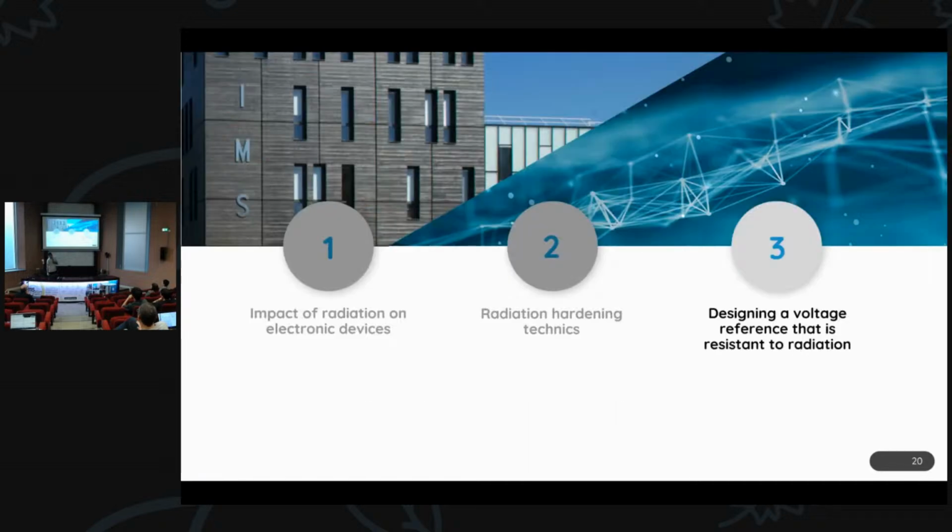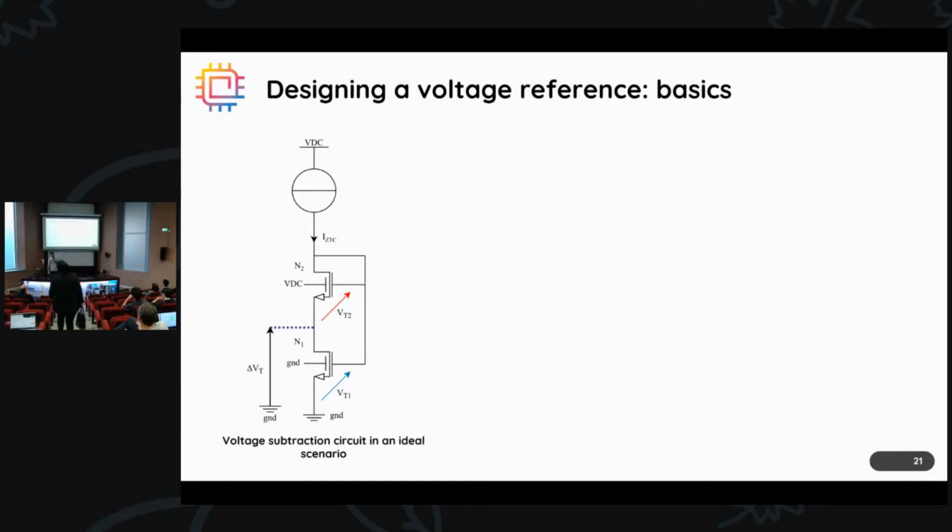Now that I have explained all the radiation techniques I have in my bag, I will show you what I did on my voltage reference. My voltage reference is based on this circuit. The two stacked transistors have decreasing threshold voltage with temperature.